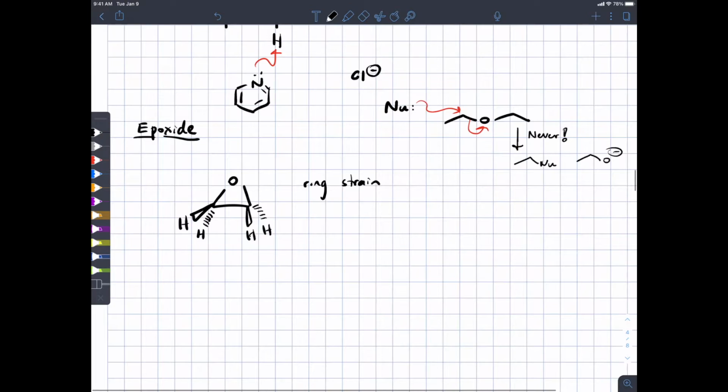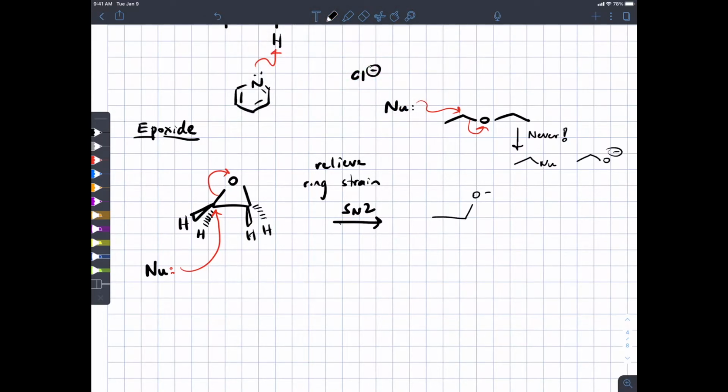But because of the 3-membered ring, we can do an SN2 reaction on this particular kind of ether, where the nucleophile attacks from the backside in SN2 fashion, and the negatively charged oxygen leaves. And the reason this is okay is because of relief of ring strain.